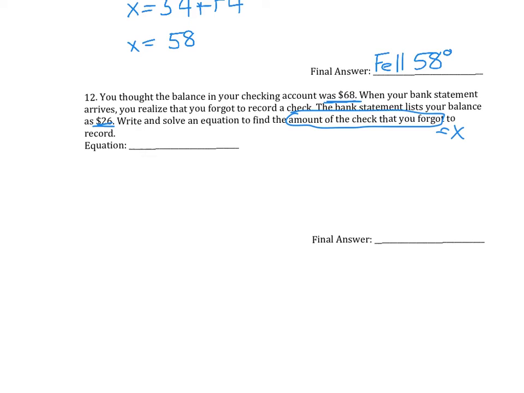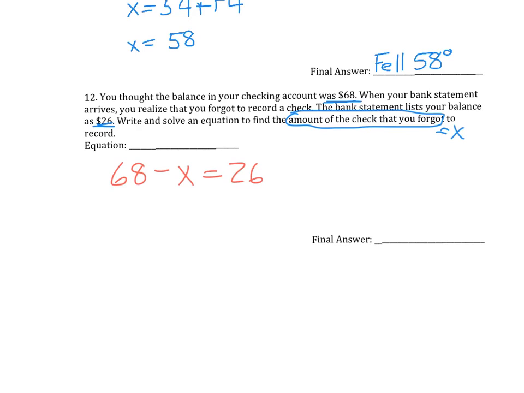So if we thought we had $68 in our account, and I subtract off that check that I forgot, I should end up with my real balance of $26, okay? So $68 I thought I had in my account, subtract off the check that I forgot about, that should end up with $26. Okay, so we actually have a couple steps that we have to do here.